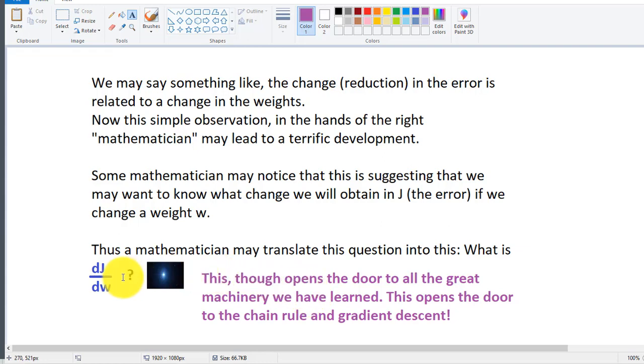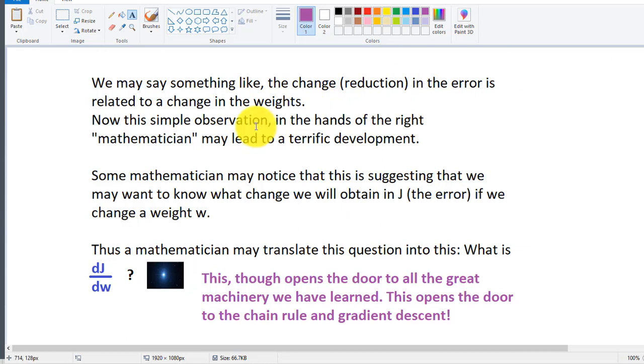So once we translate this problem of how can we improve our predictions to how can we change the error as a function of the weights, to what is the derivative of the cost with respect to changes in W, then we're on the way to something very powerful.